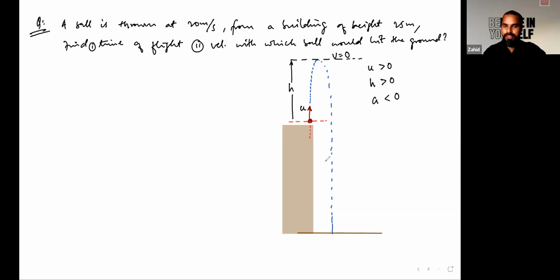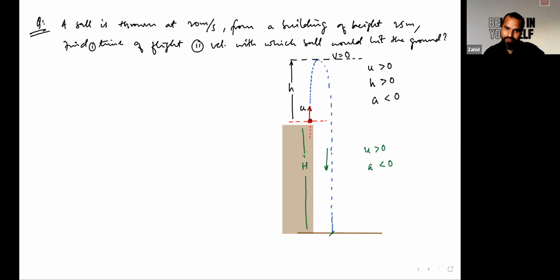Now, for the next section, for its downward motion to the ground, take the point of throw as the origin. Upward, all quantities would be positive. So u would be positive in this situation. As gravity always acts in the downward direction, acceleration would be negative. Height, which means the displacement, or the height of the building from which the ball was thrown, let's call it capital H, from this point to this point.